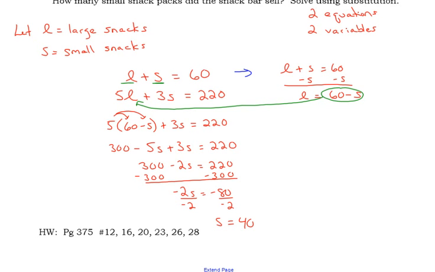Now, I should figure out how many large snack packs I sold. So remember that the large is equal to 60 minus whatever the small one was, and that came from this equation right here. So the number of large is 60 minus the 40 small ones, which means I sold 20 large snack packs.